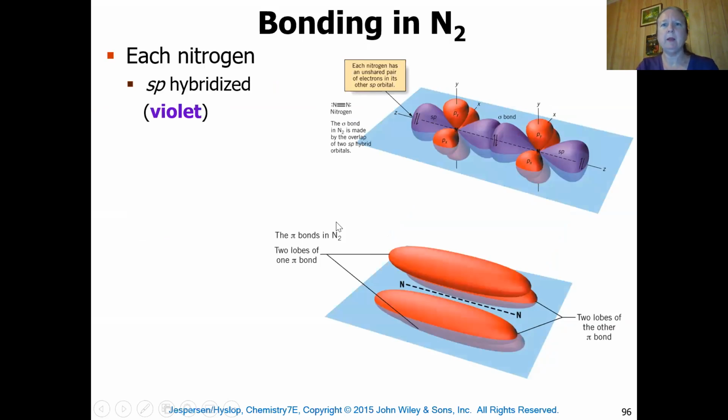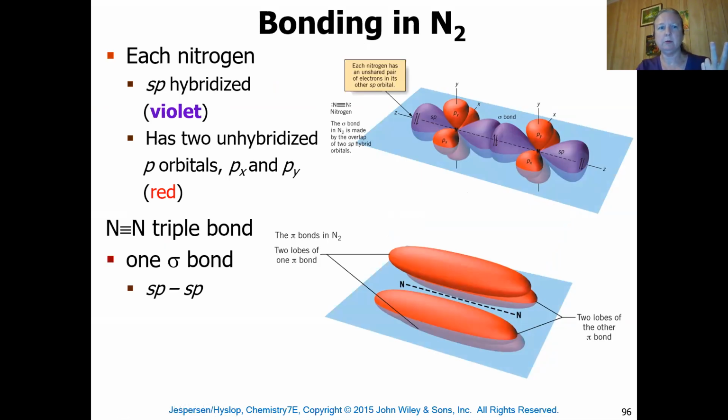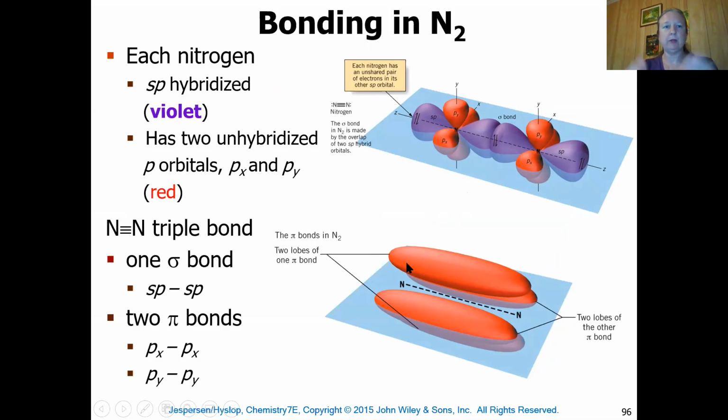Okay. Nitrogen, N2, you have a double bond, and so, oh, I'm sorry, you have a triple bond, excuse me. N2 is a diatomic. You have 2 atoms, but it's a triple bond. And so you have the sigma and you have the 2 pi bonds from the p orbitals overlapped.